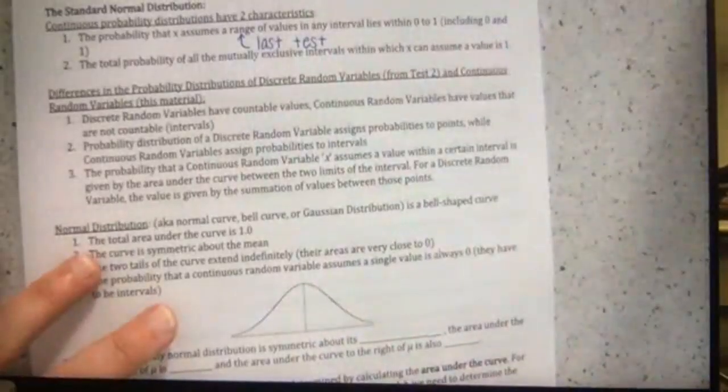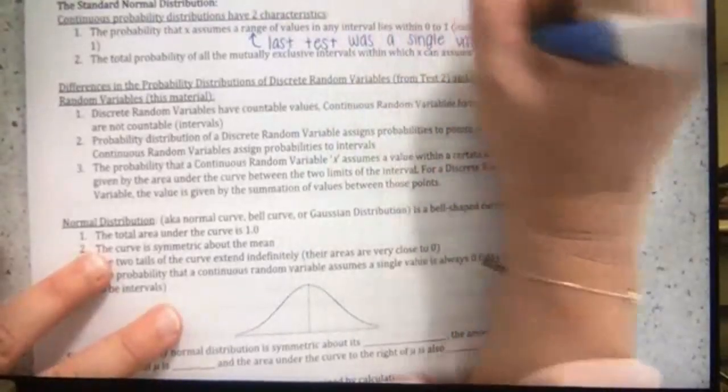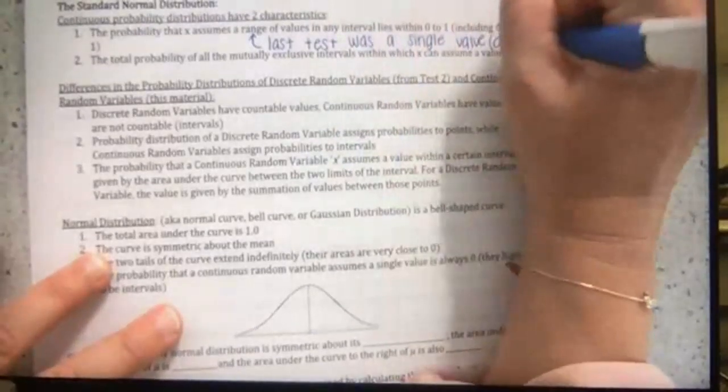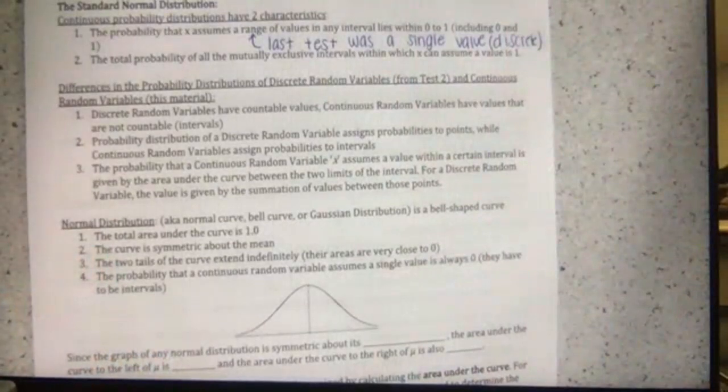Last test we talked about discrete probability, a single value. Now we're talking about a range, continuous probability distributions.